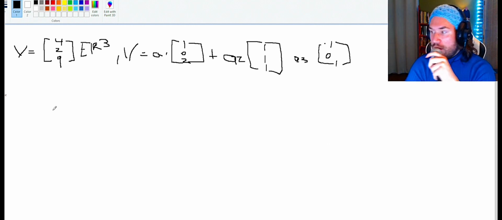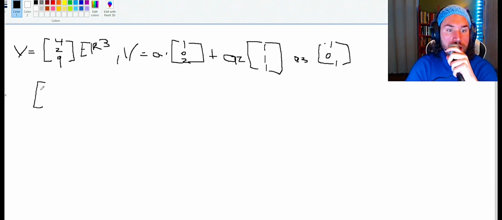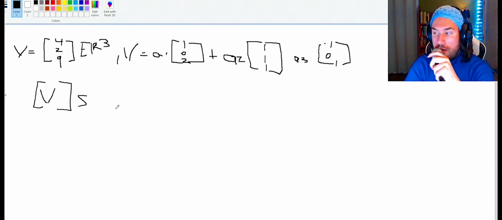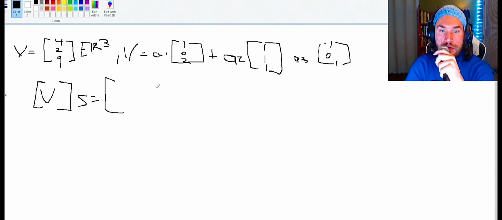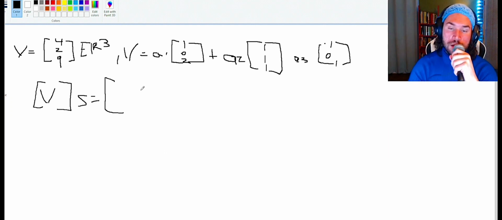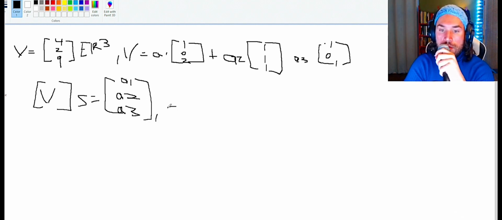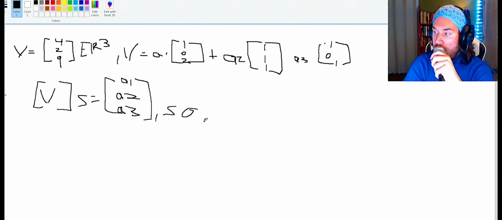So in this case, if we put the v in the brackets, s is equal to, and then in the brackets, we're gonna consolidate the math that we've done up here. So A1, A2, A3. So 4, 2, 9 again.